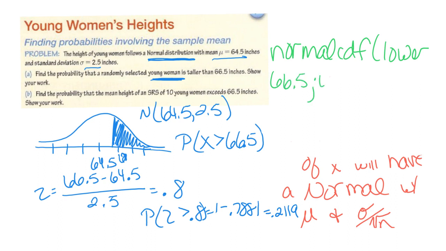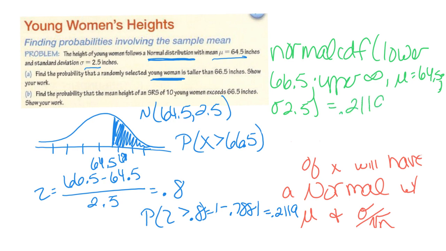My upper is some big giant number, and my mean in this case is 64.5. My standard deviation is 2.5. You will probably write tail right. That would give you an area of 0.2119, the same thing.